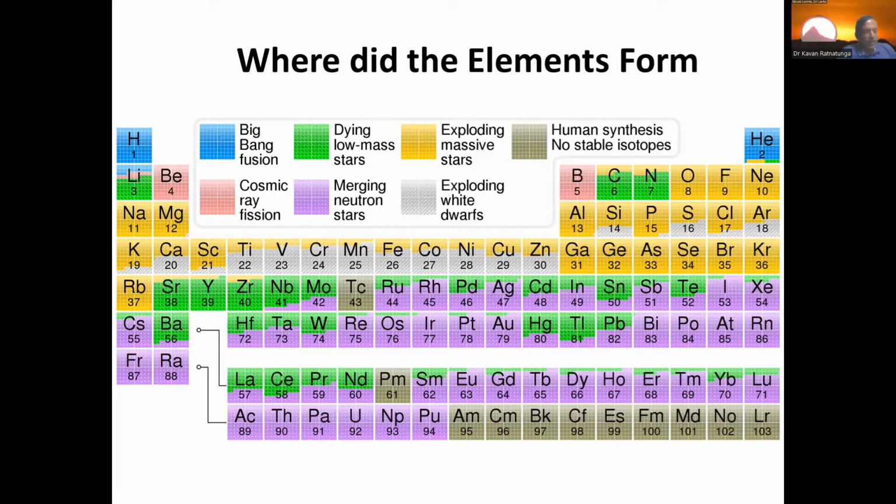And then finally, these final ones are created by us in our laboratory, including what I talked about, technetium, which was predicted by Mendeleev and created in 1937. So this is where the elements come from and where they are created, which is quite interesting that we understand it fully.